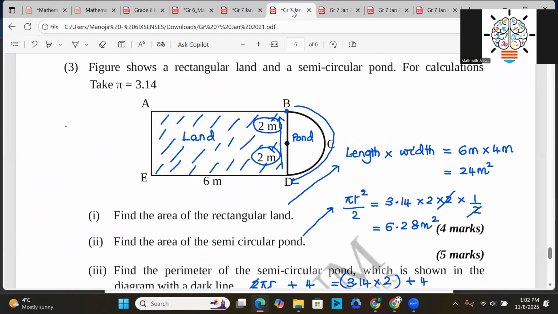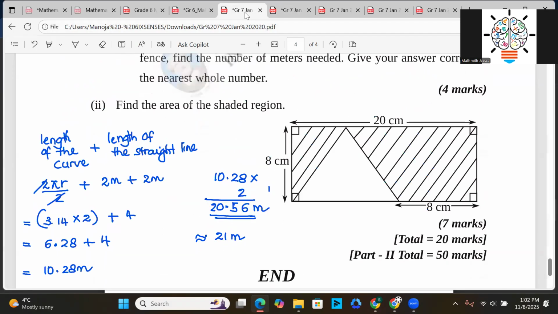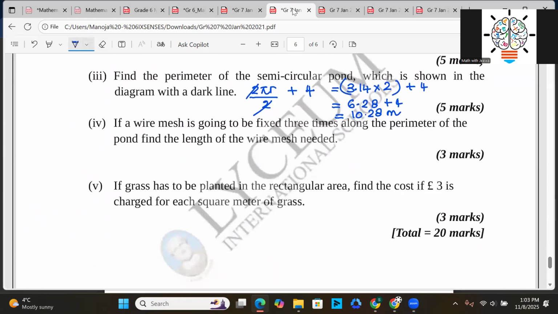Now we'll see what they're asking now. If a wire mesh is going to be fixed 3 times, now it becomes 3 times. Earlier we had only 2 times. So then here we do the same thing. You are going to have wire mesh 3 times to 10.28. You multiply by 3. So then it gives me 3 times 8, 24.